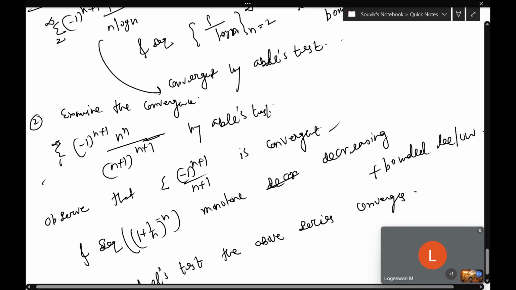This is an Abel, sorry. And the sequence (1+1/n)^(-n) is monotone decreasing and bounded below. So by Abel's test, the above series converges.